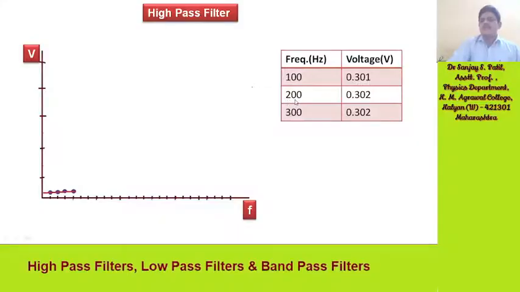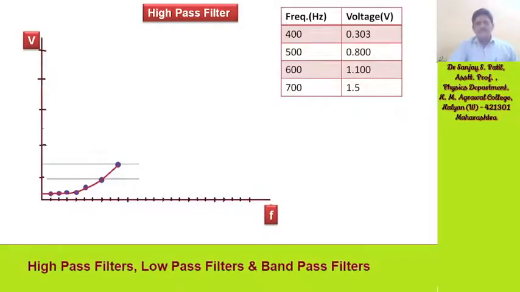For 200 Hz, the voltage is 0.302 volt. For 300 Hz, the voltage is 0.303, and so on. For 400 Hz, it is 0.303. For 500 Hz, it is 0.800. For 600 Hz, 1.100. For 700 Hz, it is 1.5.